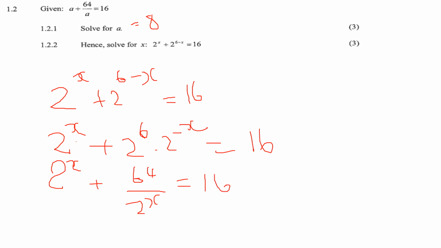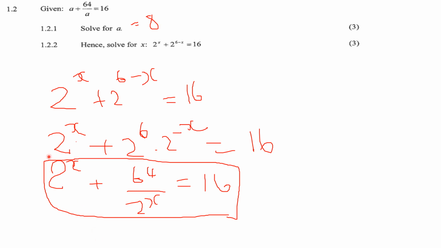So basically, we can see now that this format of ours is actually the same as the given format in the previous question. But now 2 to the power of x is representing the value of a. And now a is equal to 8 because we have solved a.